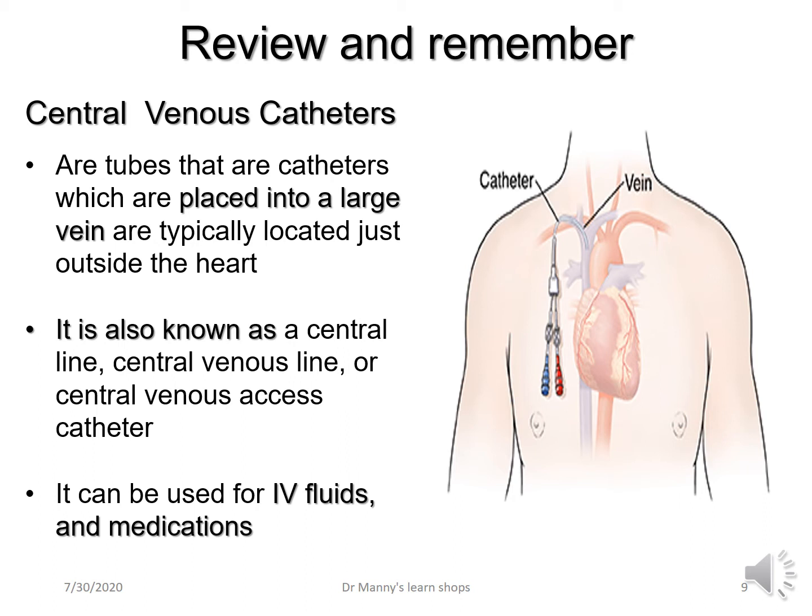Central venous catheters are also known as central lines, a central venous line, or central venous access catheter, and they can be used to measure central venous pressures, CVP. They can be used for IV fluids, or they can be used to give medications.